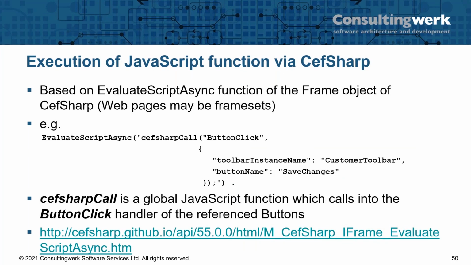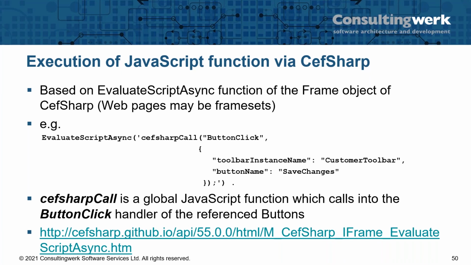And so how does it work? The CefSharp browser control, the .NET component, provides a method called EvaluateScriptAsync. And within the parentheses there, in the single quotes, we actually see JavaScript code, which is then executed within the web page.